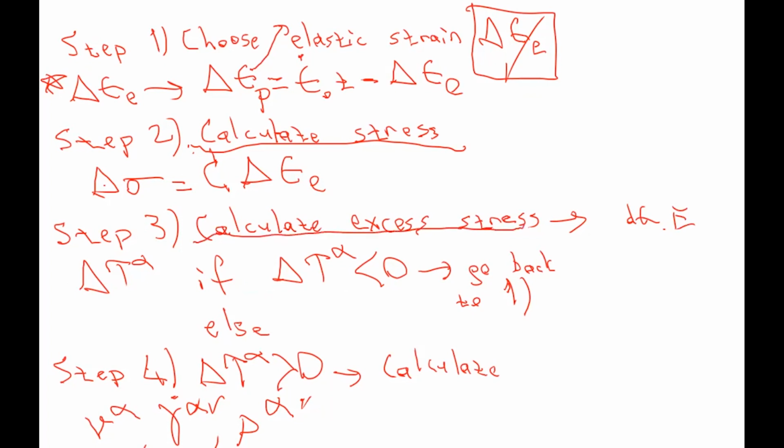So you have these two conditions. Once your excess stress is less than 0, you need to go back to the elastic strain part. Then you just calculate the stress. But once your excess stress is greater than 0, then you need to calculate these values.